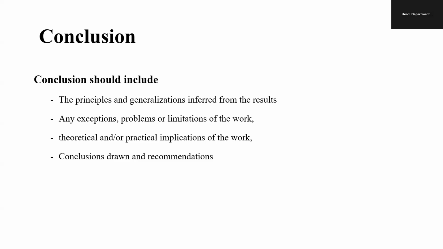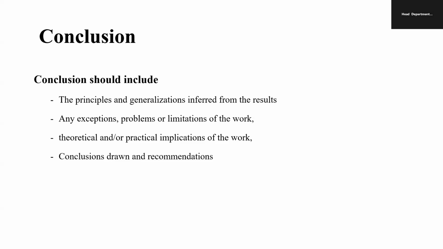If it is supported by any theory, then we have to write, this is in line with the agency theory or like this, if it is aligned with any theory. And not only the theory, but we should also refer to other previous researchers.